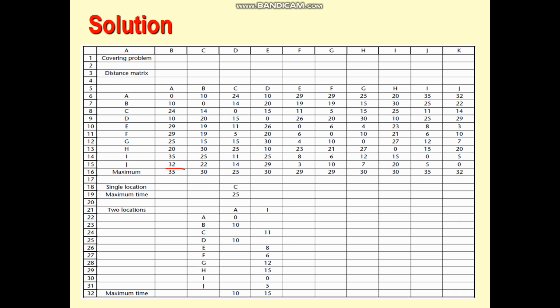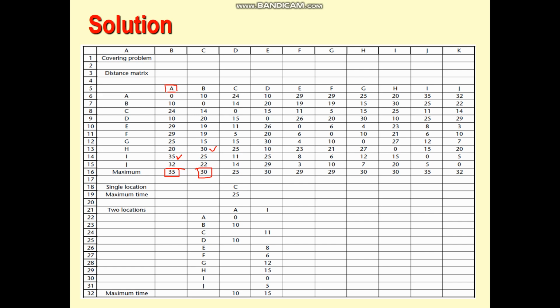So if we locate the facility in A, we can see that the maximum time the customer has to wait is 35 minutes. And if we locate our facility in B, the longest time the customer has to wait is 30 minutes.